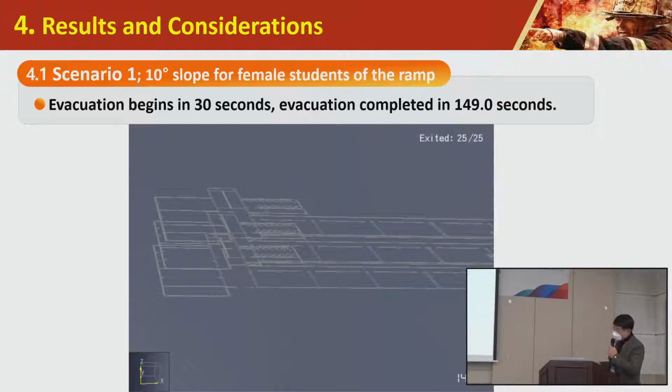Evacuation begins in 30 seconds. Evacuation completes in 149 seconds.